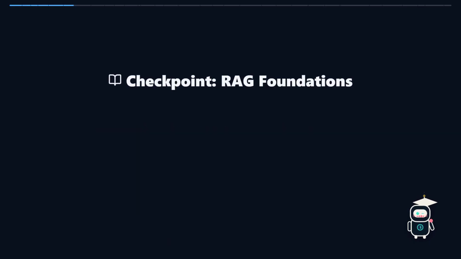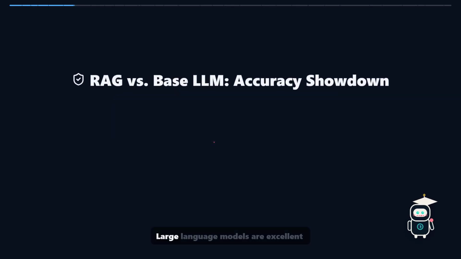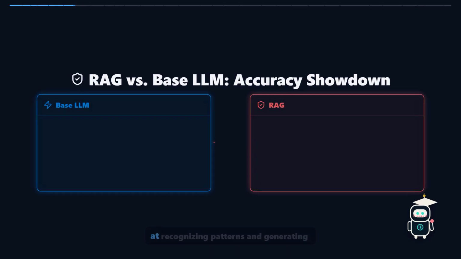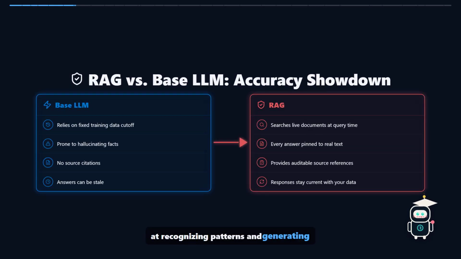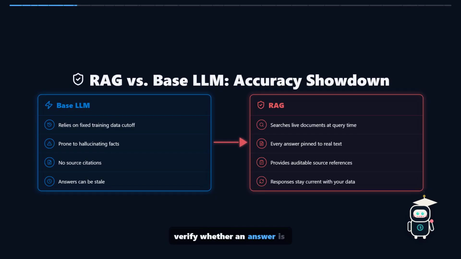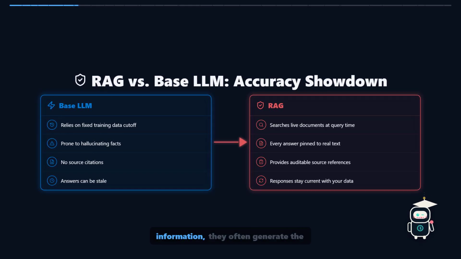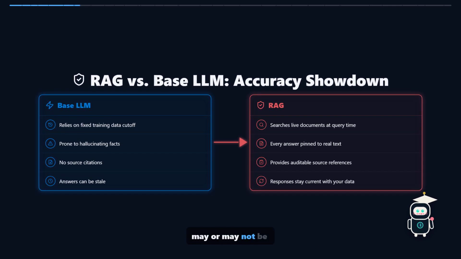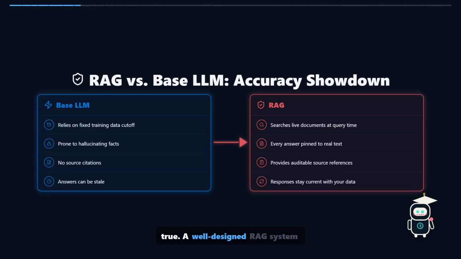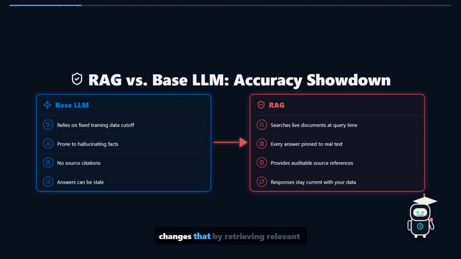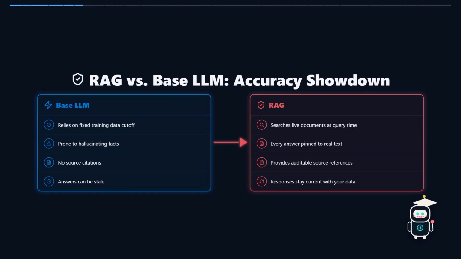Checkpoint. RAG Foundations. Large language models are excellent at recognizing patterns and generating natural language, but they don't verify whether an answer is actually correct. When they lack information, they often generate the most statistically likely response, which may or may not be true. A well-designed RAG system changes that by retrieving relevant documents before the model answers.